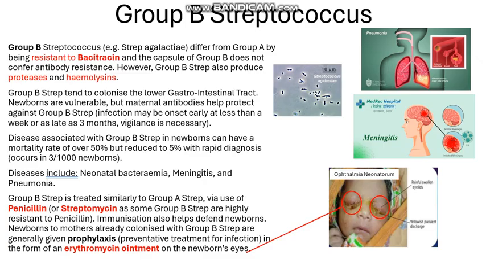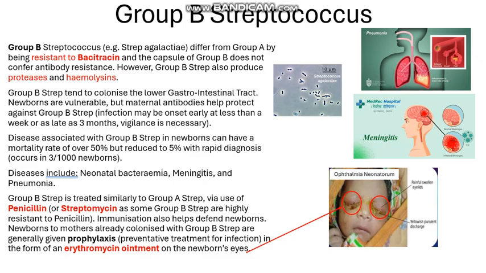We would expect this baby's mother would have had a group B strep infection, which has caused this newborn to have ophthalmia neonatorum. We are able to prevent this now by, if we have a mother who has a group B strep infection, we smear this erythromycin ointment onto the newborn's eyes as soon as they're born.